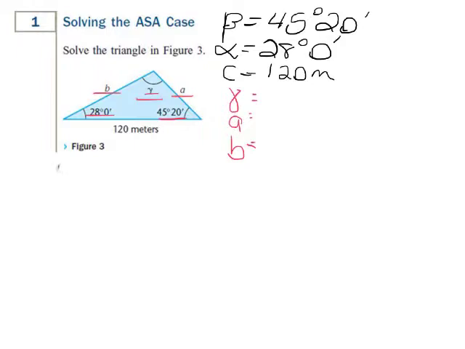To do that, it's 45 degrees, and then you go 20 over 60. So in other words, we actually have 45 point, and 20 over 60 is 1/3. So that's going to be 45.33 continuing on forever degrees.